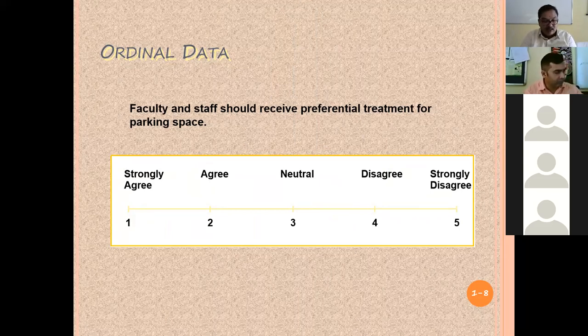But here, one thing you have to understand, which is very important. In most commerce and management research works, they use these kinds of ordered numbers, because 1 represents strongly agree, 5 represents strongly disagree.